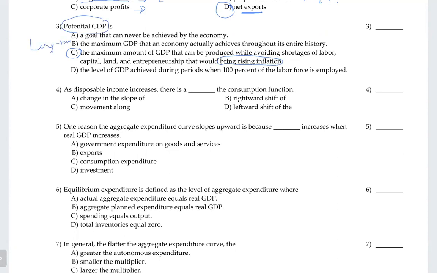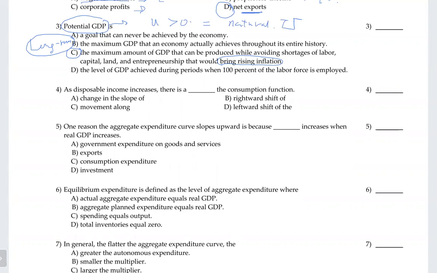You may want to review this with the chapter on aggregate demand and aggregate supply. Another thing I want to emphasize: when we are producing at our potential GDP, the unemployment rate is usually greater than 0, and the unemployment rate equals the natural rate of unemployment.